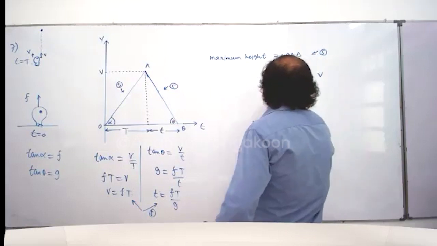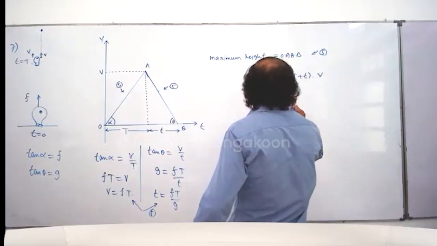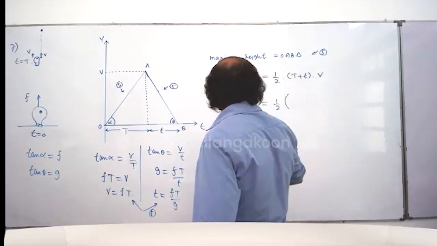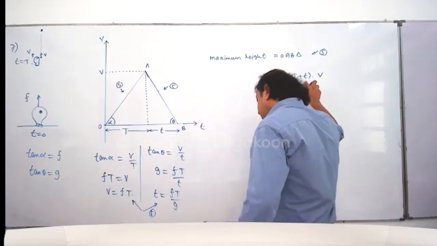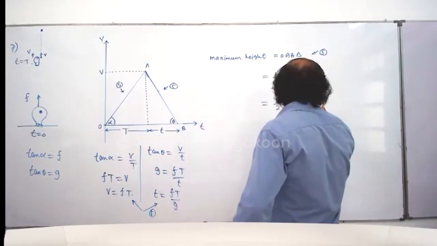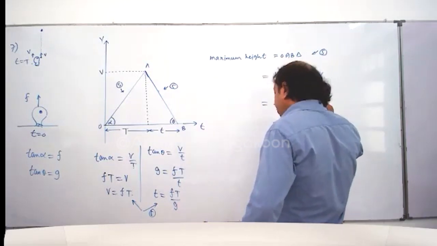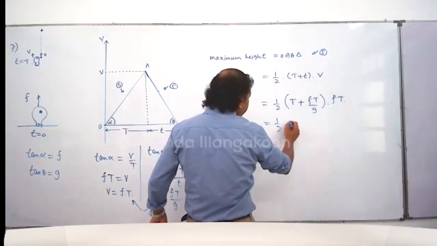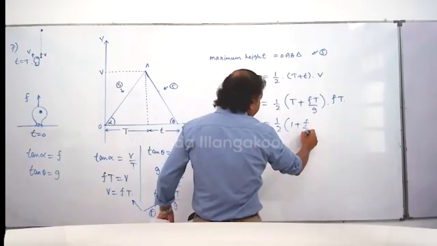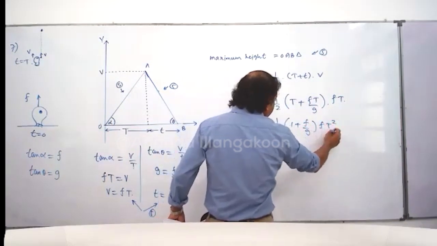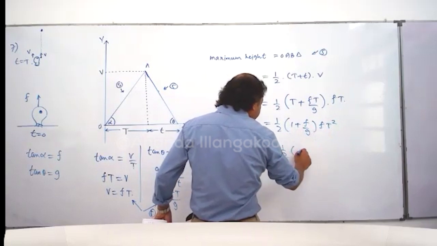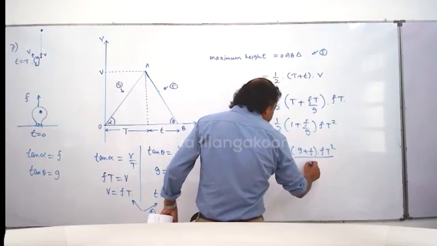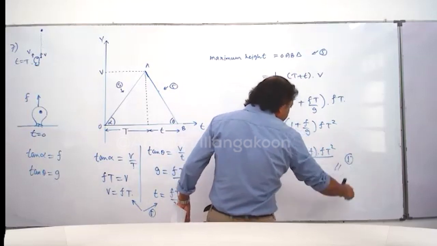Then for the final answer, another 5 marks come. The base is T plus t, where t is fT by g, and the height is v, which is fT. Then you can take T out: f over g times fT squared times half, g plus f, all times T squared over g. This is the last 5 marks.